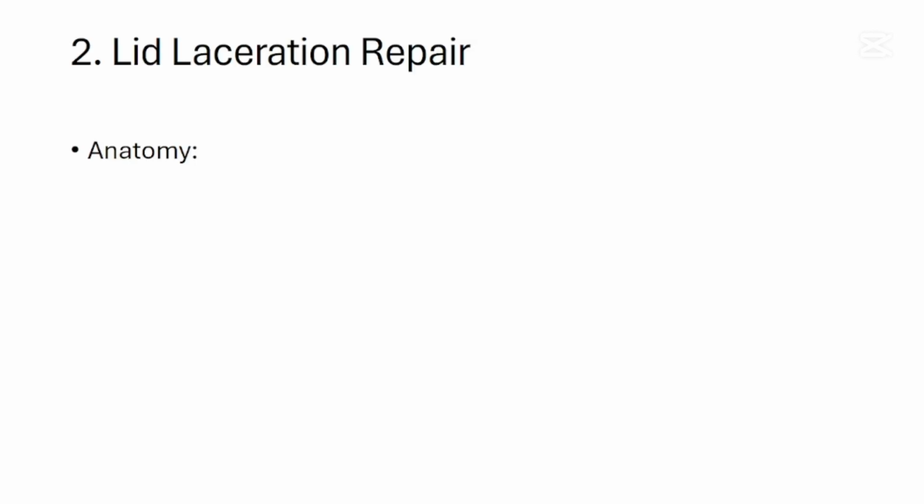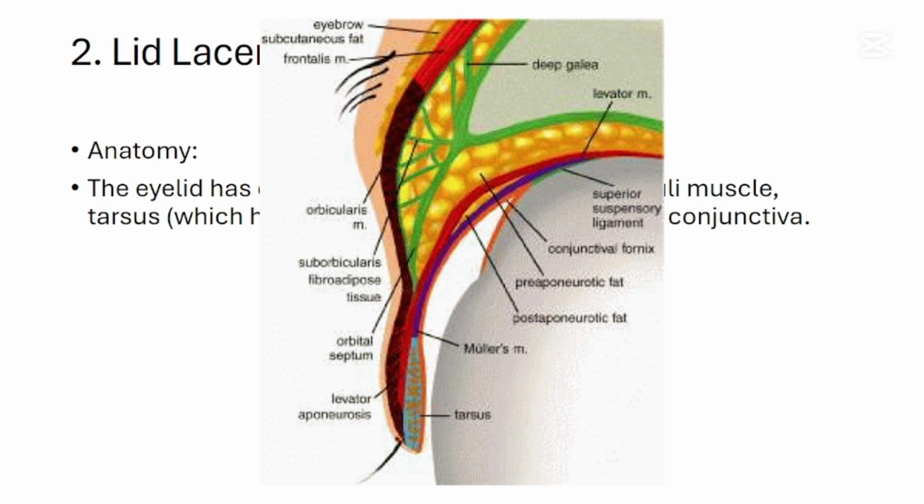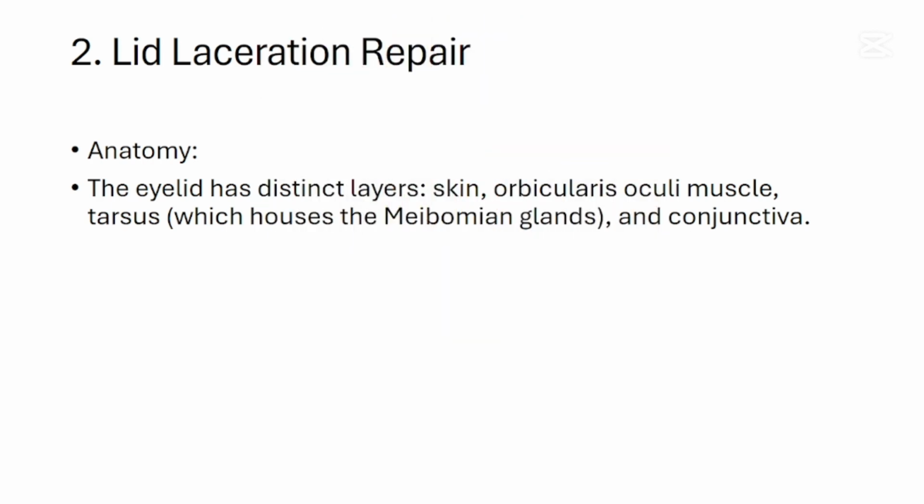So you need to know a little bit of lid anatomy. If you take the lid, you can divide it into two layers, the anterior lamella and the posterior lamella. The anterior lamella is the skin and the orbicularis muscle. The posterior part includes the tarsal plate housing the meibomian glands, and the conjunctiva.